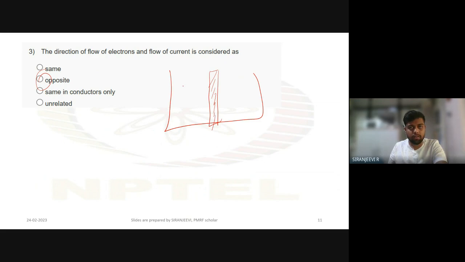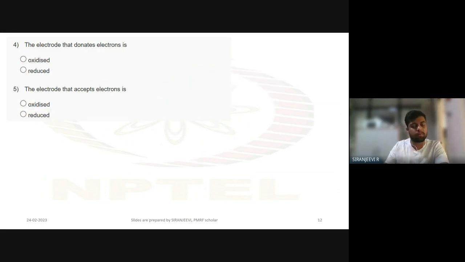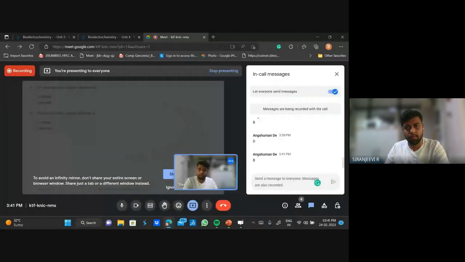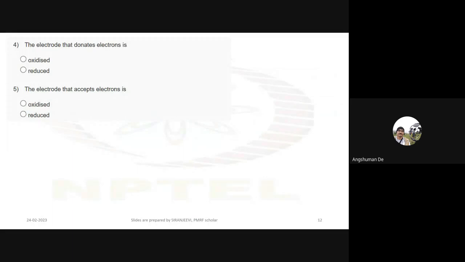If the electrons are passing from A to B, the current will pass from B to A. This one is very easy. The electrode that donates electrons is oxidized, and the one that accepts electrons is reduced.